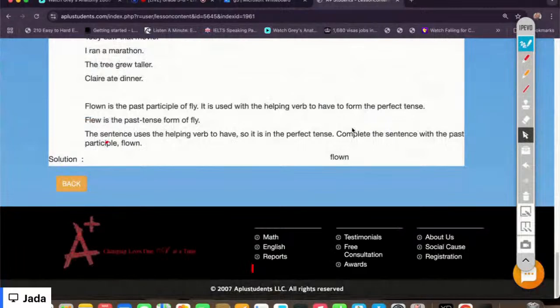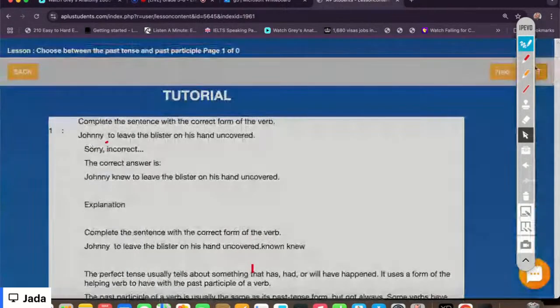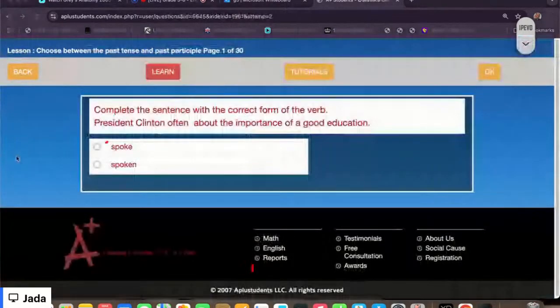So let's move on with our test. You can share your answers if you know them. President Clinton often spoke or spoken about the importance of a good education. What do you think is the right form of the verb to complete this with? Spoke or spoken?